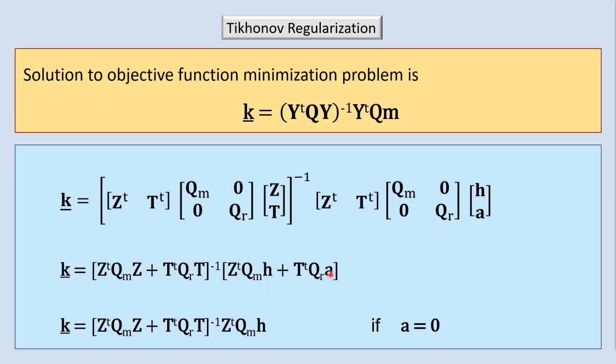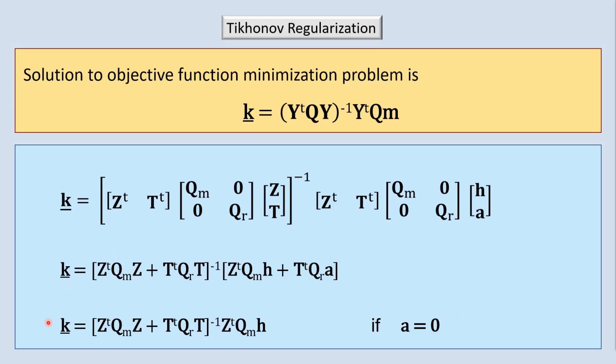And if A equals 0, as it often does through the way in which we define preferred conditions for the parameters, or we redefine our parameters to ensure that A equals 0, we can leave off this term and this equation becomes this equation. This is a little bit easier to manipulate if A is 0.